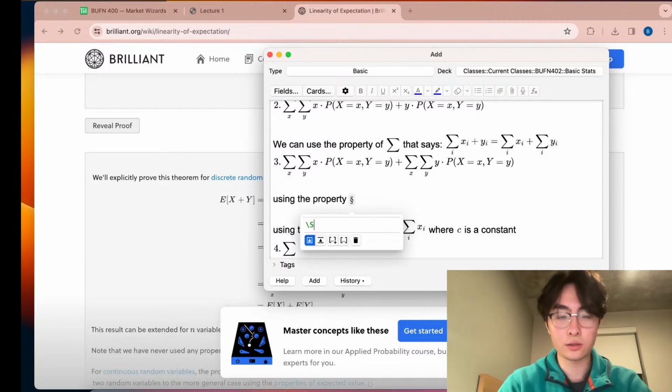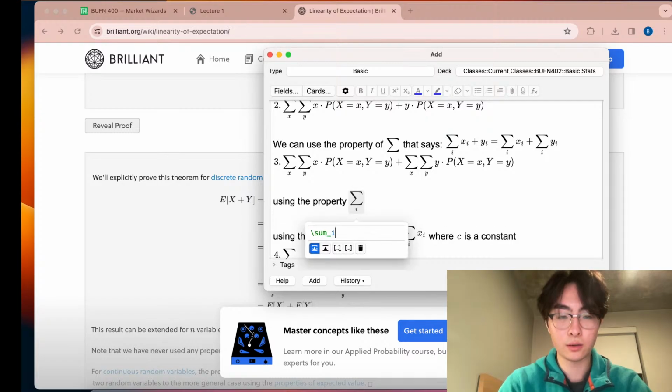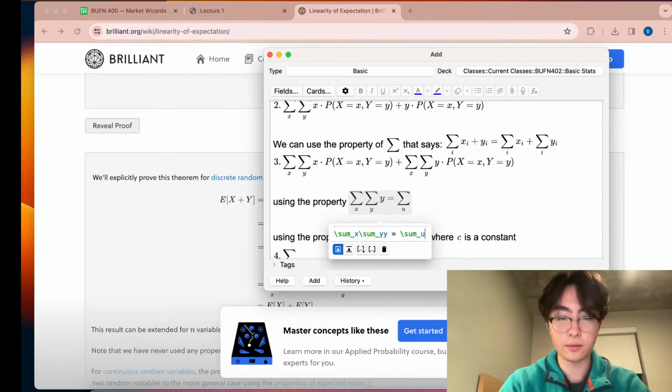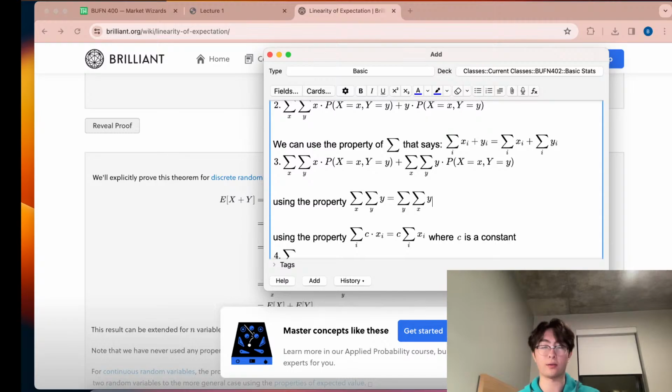So when we have two sums, sum over x and sum over y, this is equal to the sum of x y, the sum of y, the sum of x y.